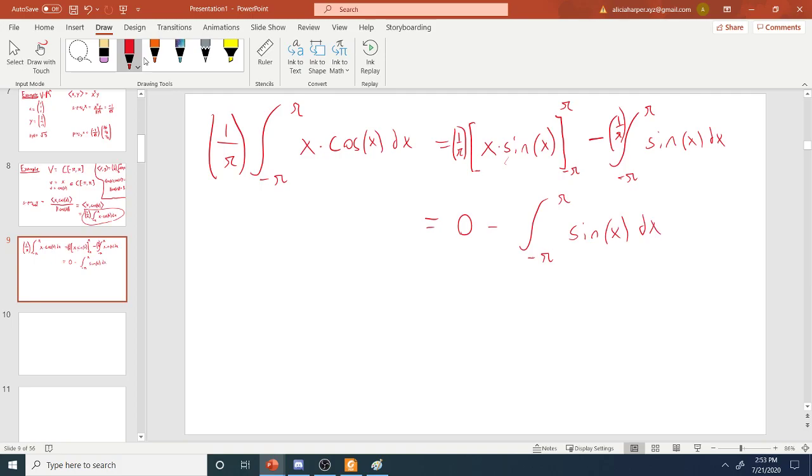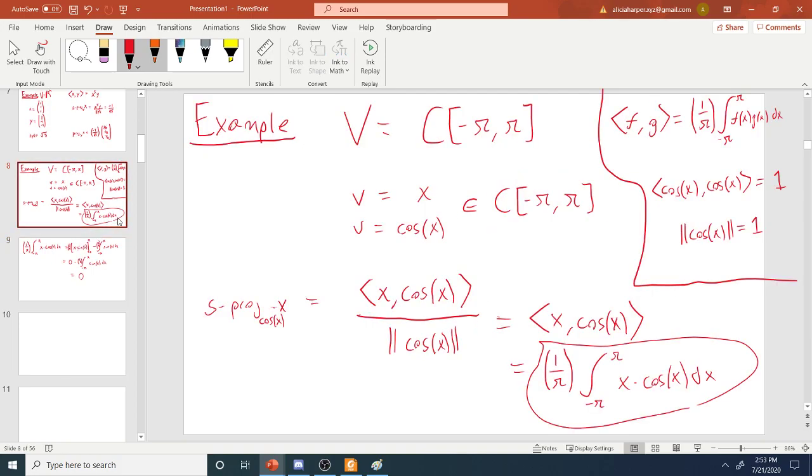And 1 over pi times this integral right here is also 0. So this just ends up being 0. So going back here, we find that the scalar projection of x onto cosine of x is 0. And thus, these two functions are orthogonal.